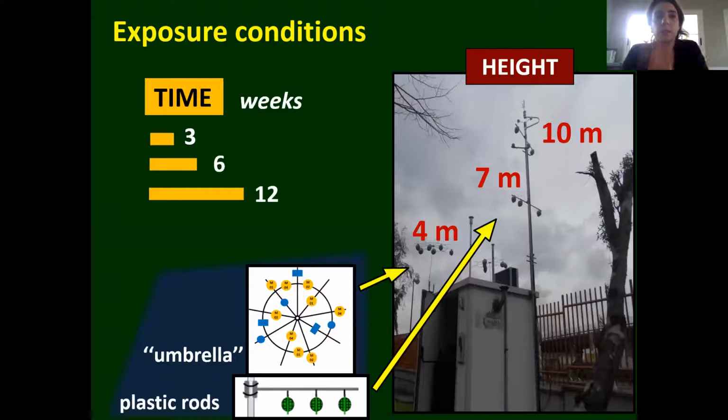We used different exposure conditions, using, for example, an umbrella system or simple plastic rods, for 3, 6, and 12 weeks. We wanted to see if these aspects, the time, the height, the type of moss bag, could have some effect on the capture of pollutants.